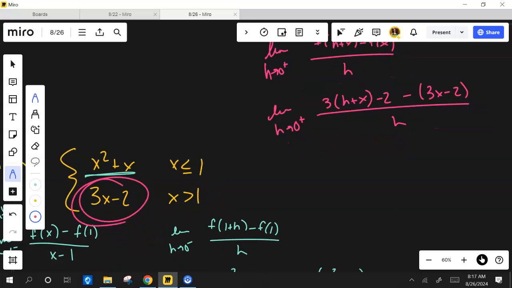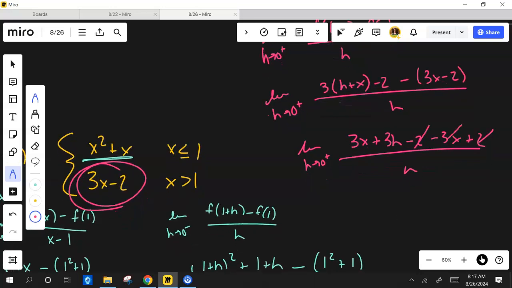Okay, I'll turn it around. Minus 2 minus 3x plus 2 over h. The 2's go away. The 3x's go away. One of the h's. I did get 3.